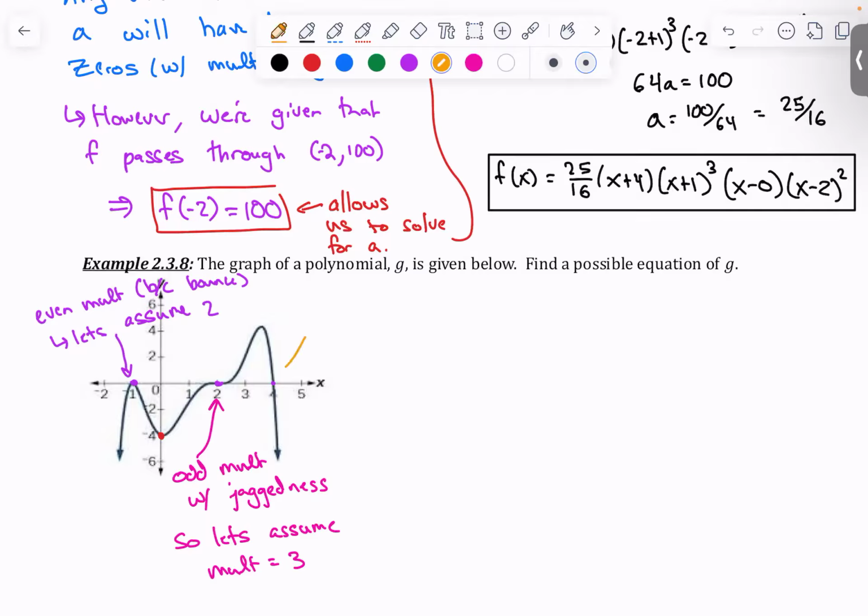And then last but not least, this has odd multiplicity with no jaggedness. So let's assume the multiplicity equals 1.